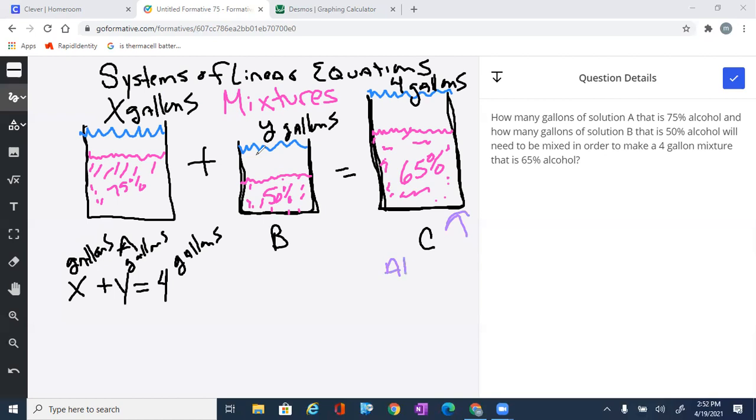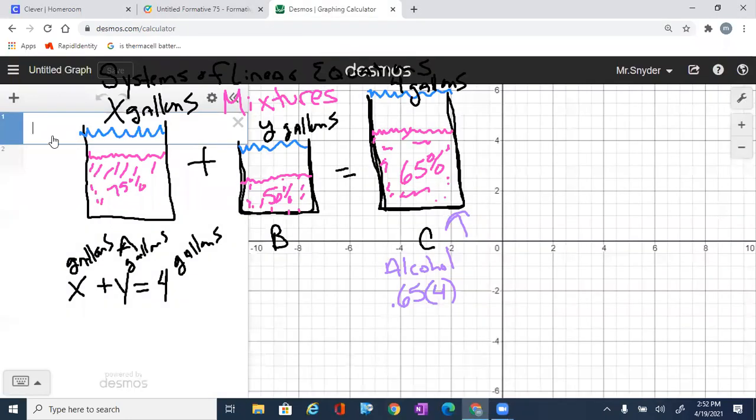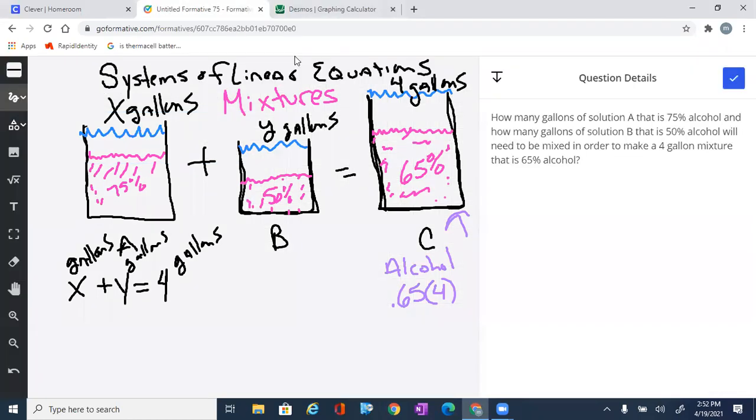The alcohol is simply 65%, or 0.65 times 4. So I'm going to come over to Desmos and ask, what is 0.65 times 4? And that is 2.6. So I know that there is 2.6 gallons of alcohol in this container.